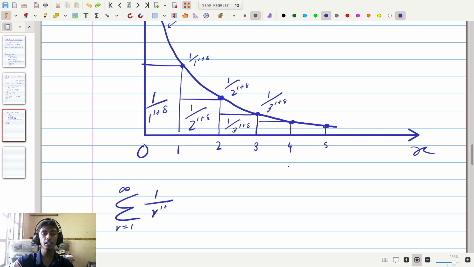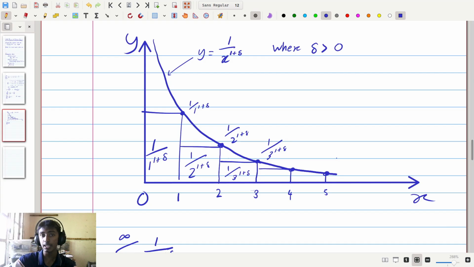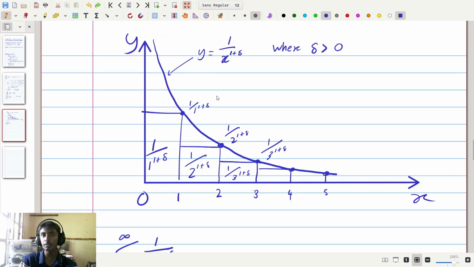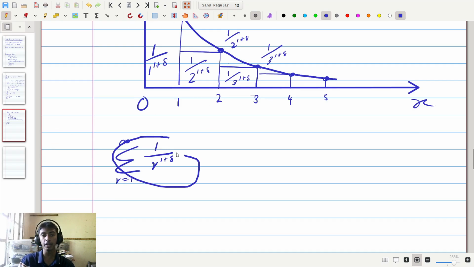Now, consider how the area of these rectangles relates to the area under the curve, as in the integral of this graph. We can see that in addition to the rectangle areas, the integral of the graph, or the area under the curve, this area that I'm highlighting here, has some additional bits. This bit here, this bit here, this bit here, and so on are additional to the total area of the rectangles. Due to this, we can see that the integral of this graph is greater than the sum of each of these rectangles' areas.